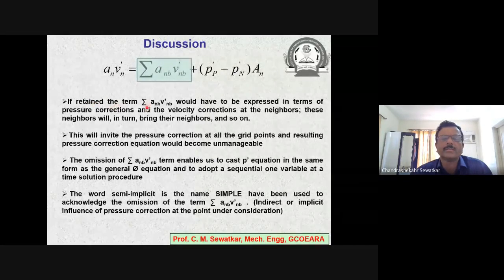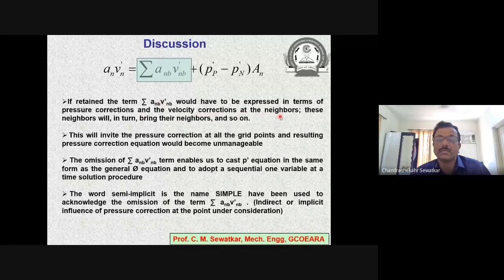The summation of a_nb V prime_nb would have to be expressed in terms of pressure correction, and the velocity correction at the neighboring cell centers.